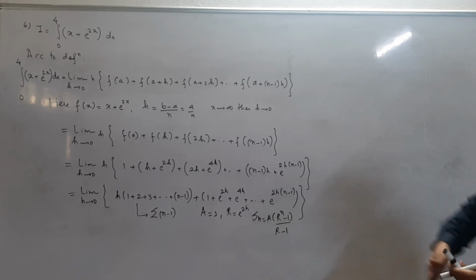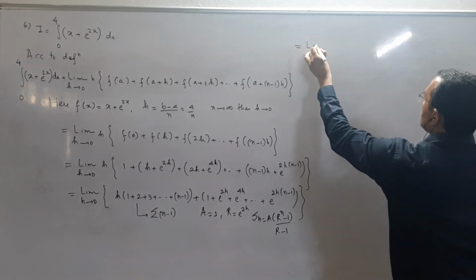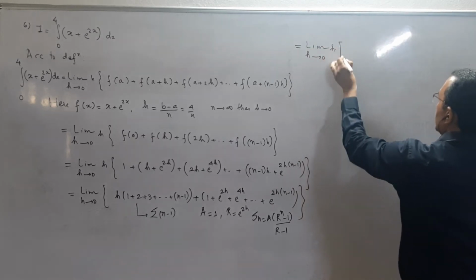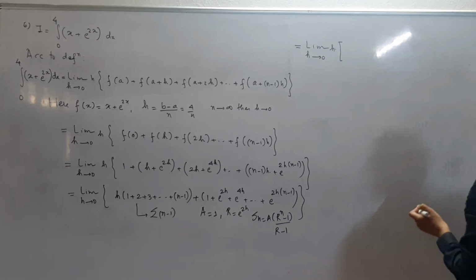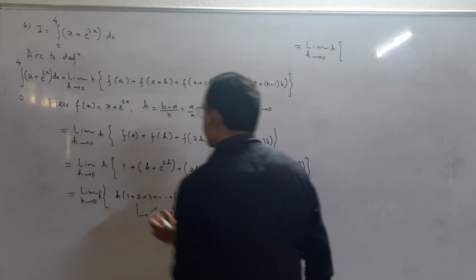So applying both the concepts at a time, this changes to limit h tends to 0, h into bracket. Again, sorry students, this h I forgot to write here.